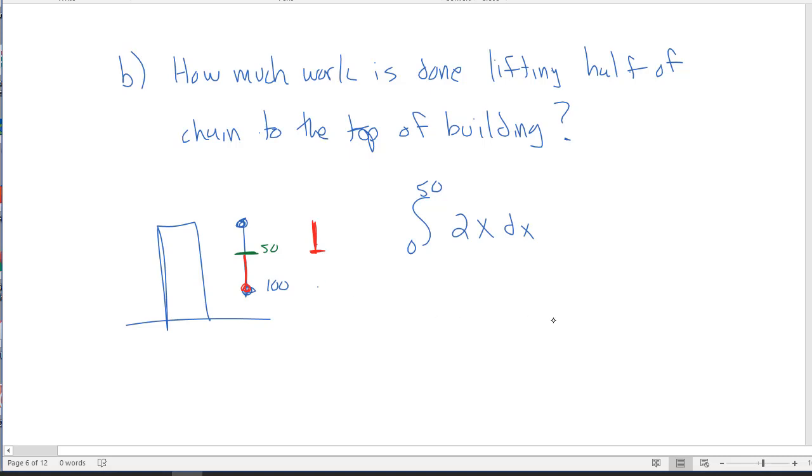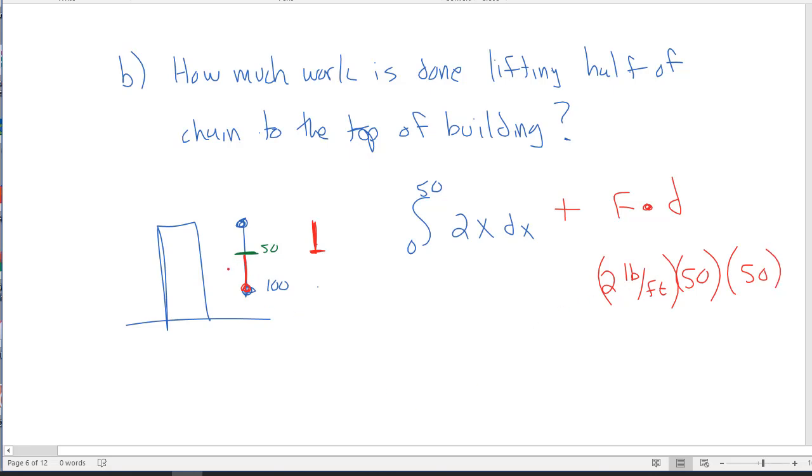So I'm going to switch to red, and what I'm going to add really is the force times the distance associated with that bottom half of the chain. The force of that bottom half of the chain is the 2 pounds per foot times the 50 feet that hangs there. And then the distance that it moves is the 50 feet.